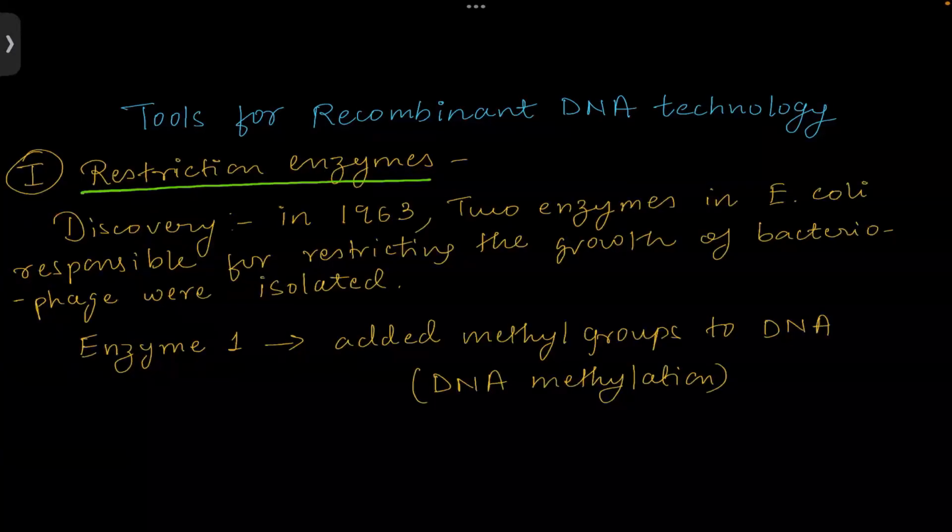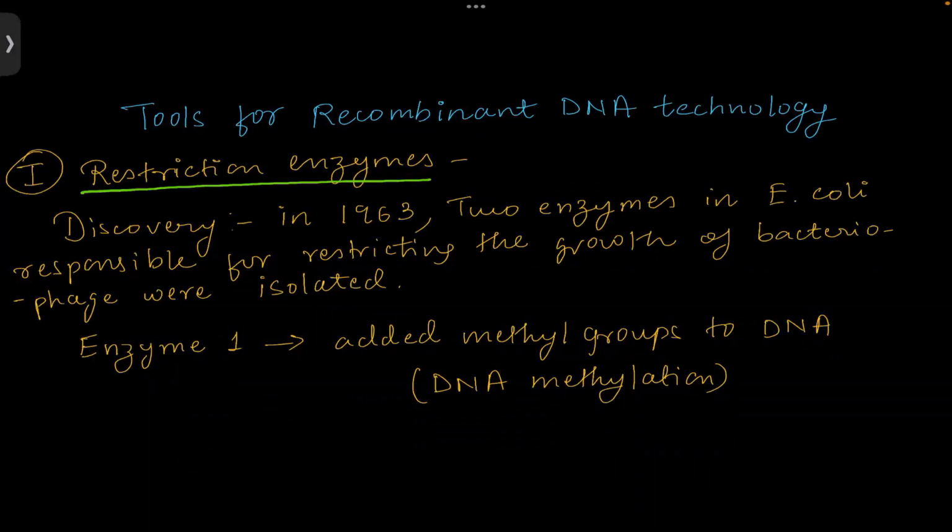First, let us understand what restriction enzymes are, how they were discovered, and how to choose a restriction enzyme. Restriction enzymes were discovered in 1963. People found two enzymes in E. coli, or Escherichia coli, that were responsible for restricting the growth of bacteriophage.